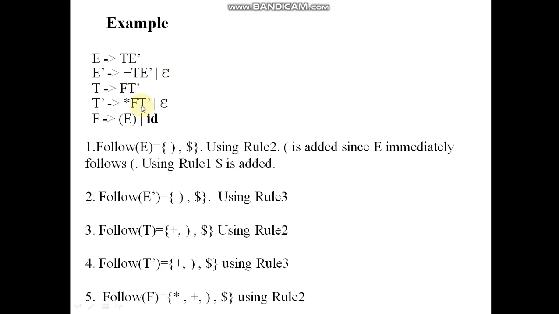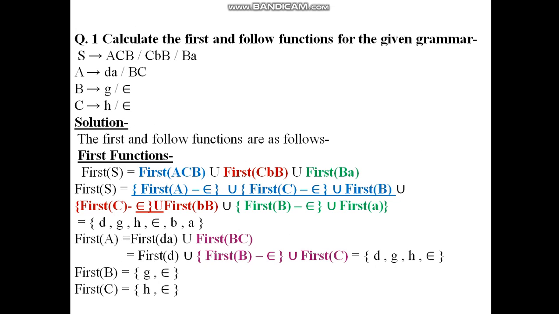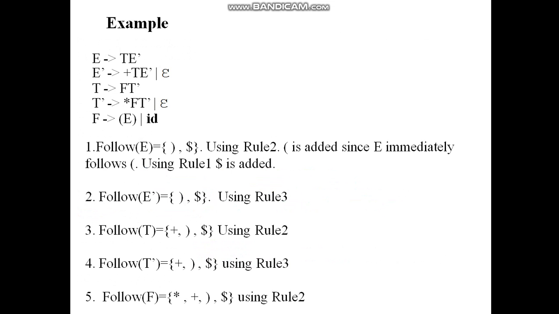That is, we have to compare this rule, T dash gives star F T dash, with the general rule A gives alpha B beta. Here alpha means star, B means F, and beta means T dash.